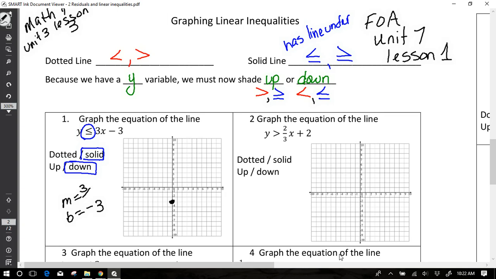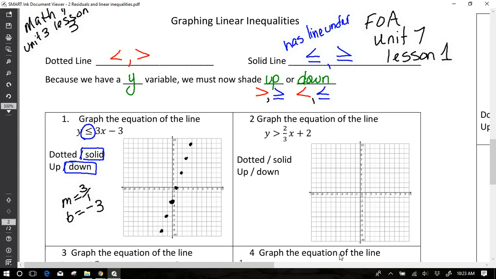Remember, for graphing purposes, we want to put that over 1. So I will go up 3 over 1, up 3, right 1, up 3, right 1, and I'm going to go all the way across. You can also go down 3, left 1, down 3, and left 1. And I'm not going to connect those yet.